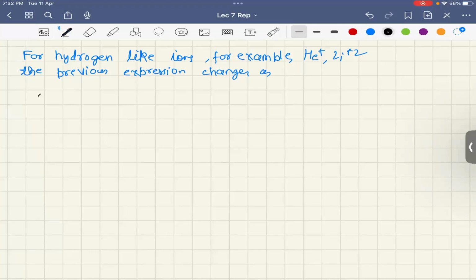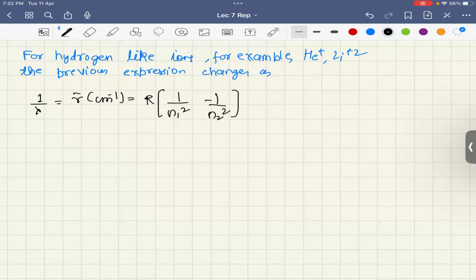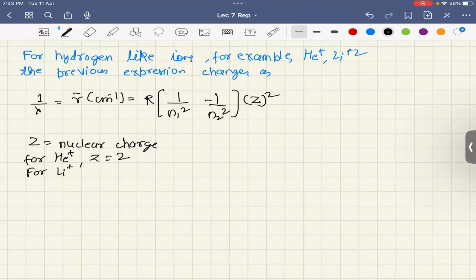In that case, 1 by lambda, which is the wave number mu bar, is R into 1 by n1 square minus 1 by n2 square. So here we just add a Z square, where Z is the nuclear charge. For helium plus, Z is going to be 2. For Li plus 2, Z is going to be 3, and so on.